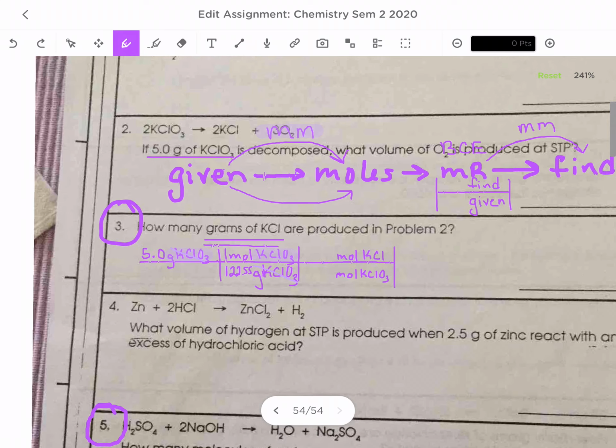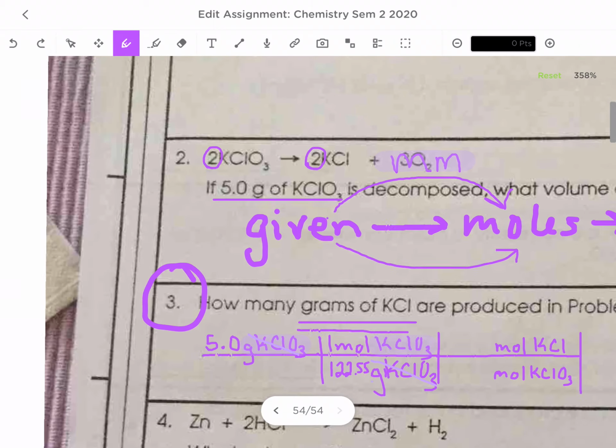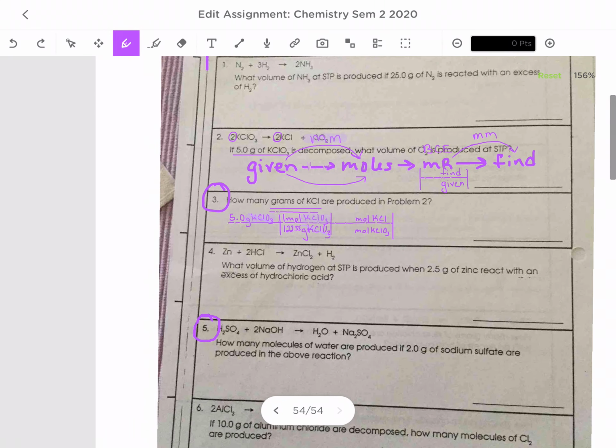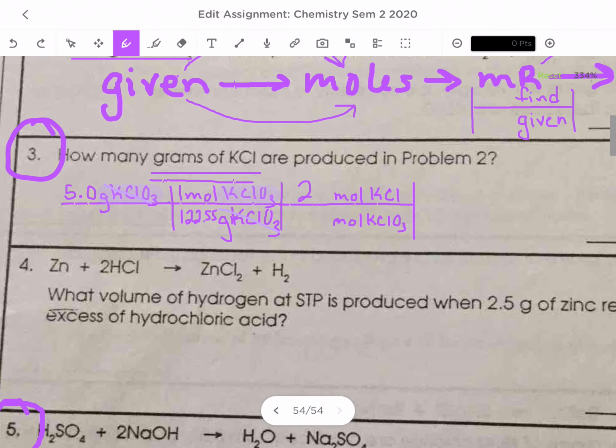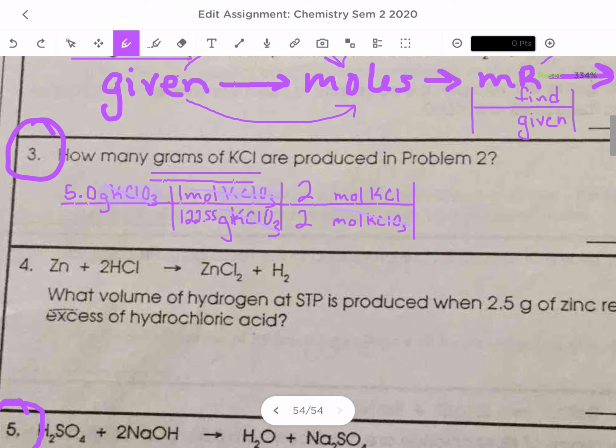Okay, good. So it's 2 and 2. Again, this is the only step that I use those coefficients. So it's 2 and 2. Units that cancel out are moles of KClO3. Cancel, cancel.